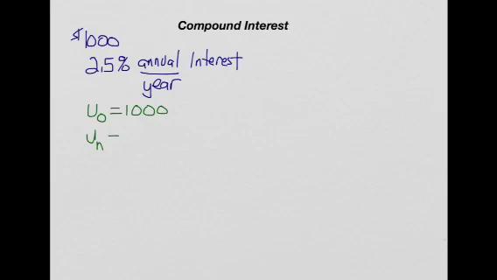U sub n is going to be our previous year's amount, so u sub n minus 1, times 1 plus 0.025, because that percent is per 100, so we divide by 100. This will give us our formula saying how much we have in the account, as long as we realize that n equals the number of years.